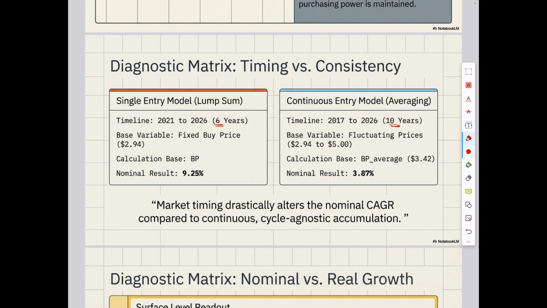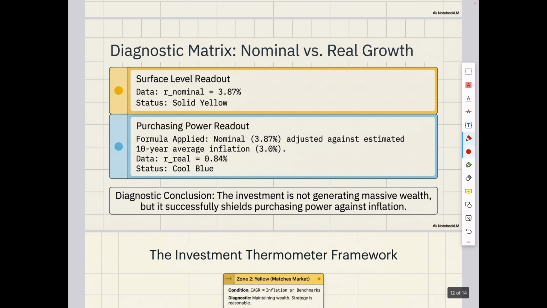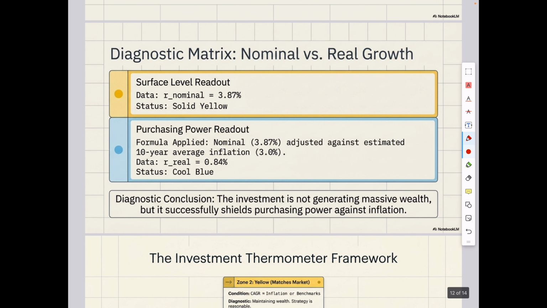All right, so how do I actually use this as my thermometer, as I have said? My surface-level readout will be that my R nominal is 3.87%. That's very superficial. 3.87%, fine, more than zero, I'm happy.